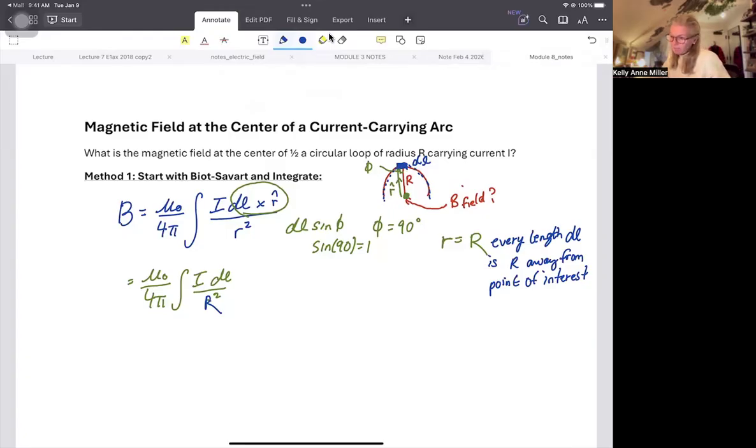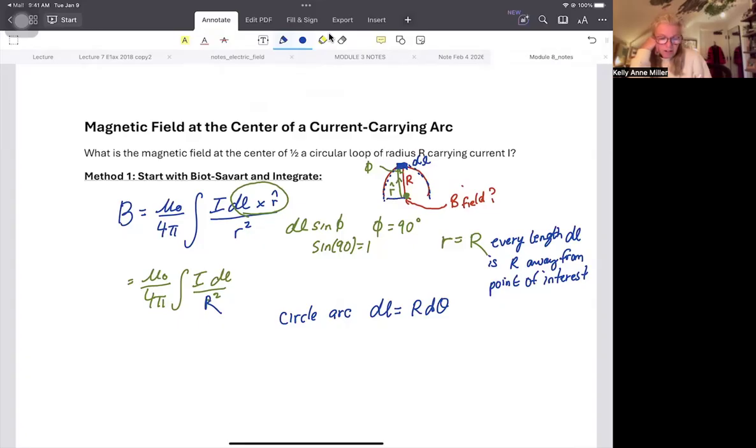So now what I can do is say that the circle arc dL is just going to equal R d theta, where theta is the angle that I'm integrating around, right?